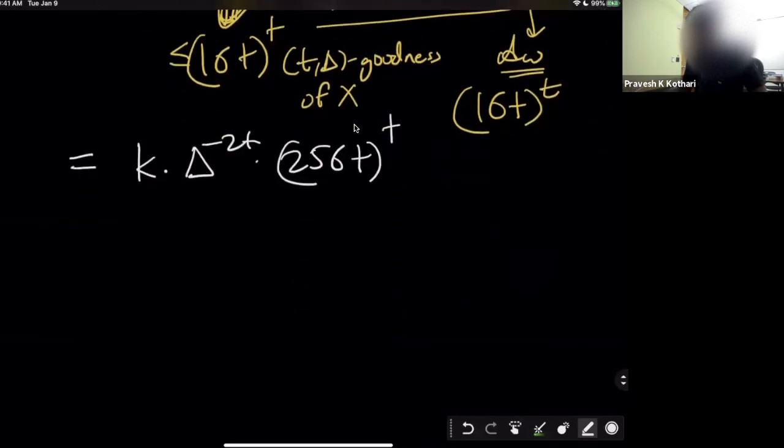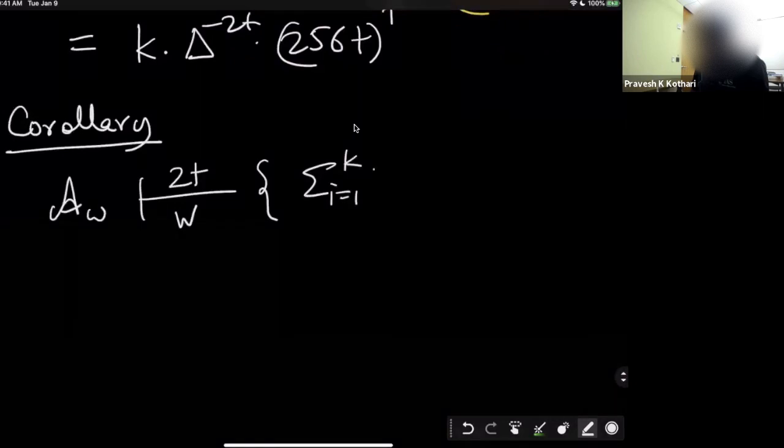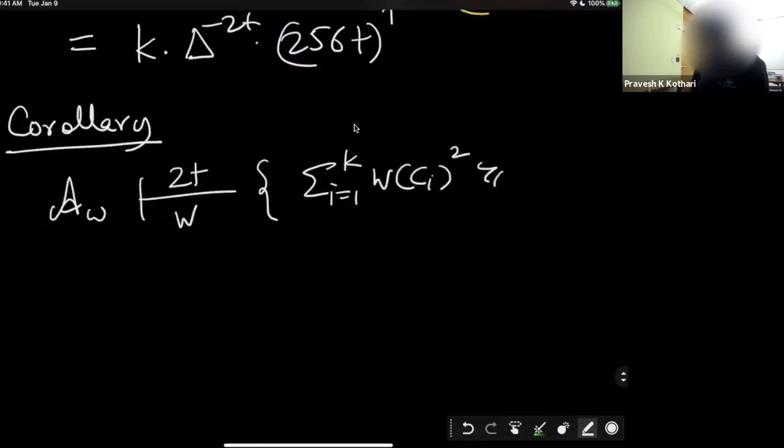So first thing I want to claim, this is the corollary, and I won't even try to prove it, just hand wave very vigorously, is that what we proved actually is that A_W implies, in degree 2t in variables W, okay. So let's see why.